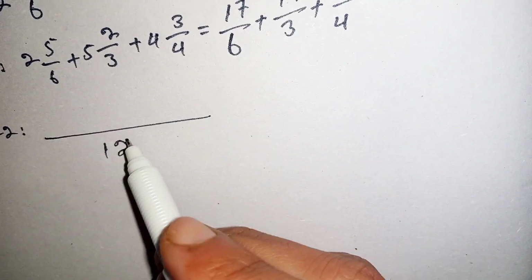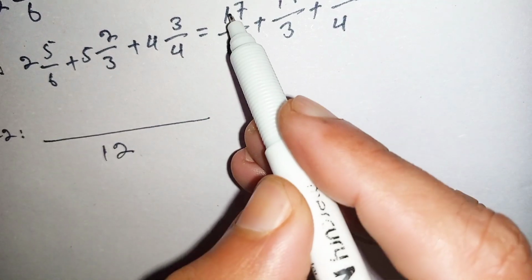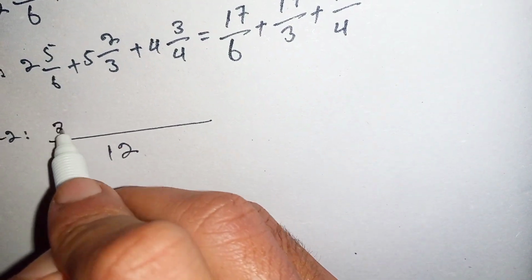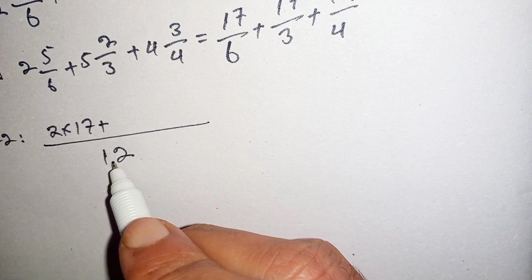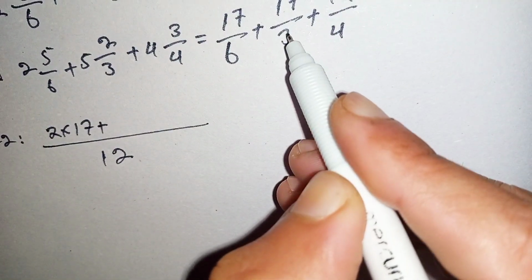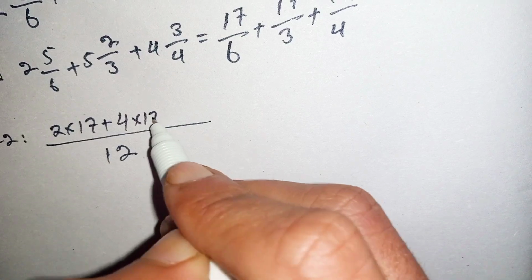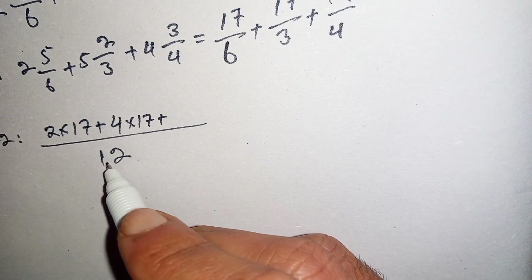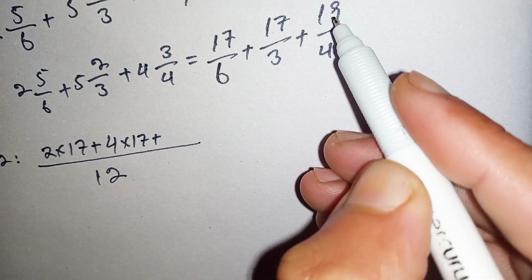So divide this 12 by 6, which is equal to 2, and multiply 2 with 17. So 2 times 17 plus divide this 12 by 3, which is equal to 4, and multiply 4 with 17. So 4 times 17 plus, now divide this 12 by 4, which is equal to 3, and multiply 3 with 19.